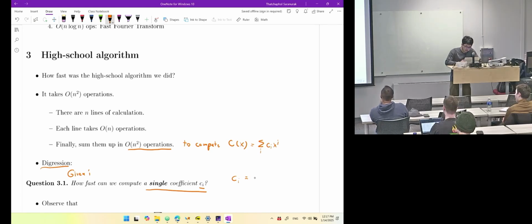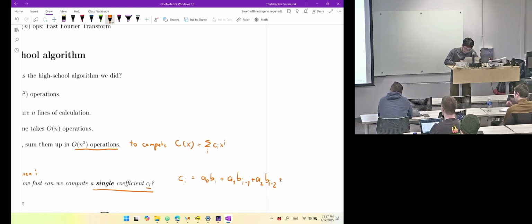You can write it down as a0 times bi plus a1 times bi minus 1 plus a2 times bi minus 2 and so on, up to ai times b0.